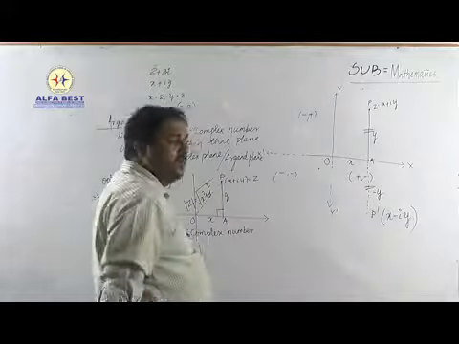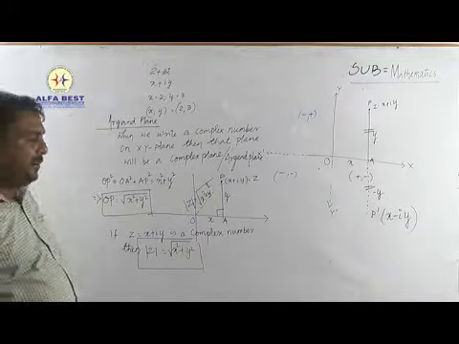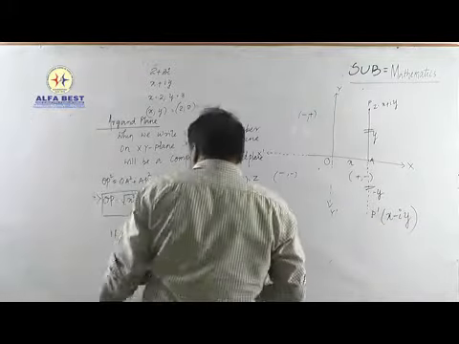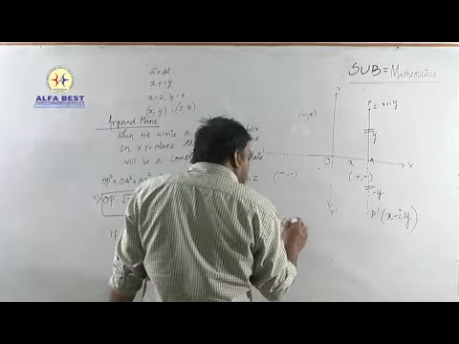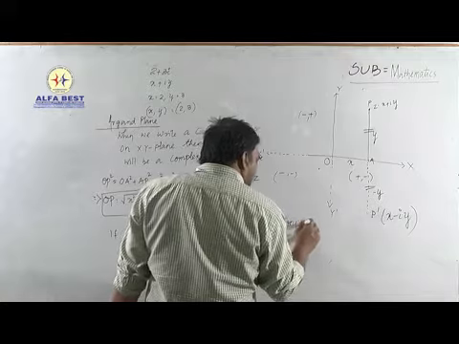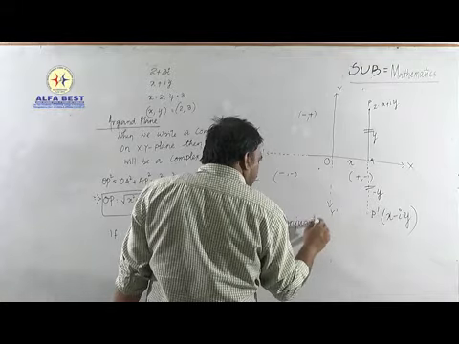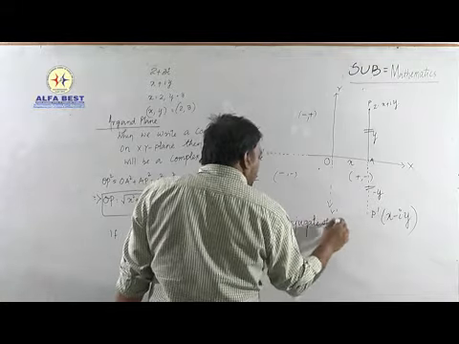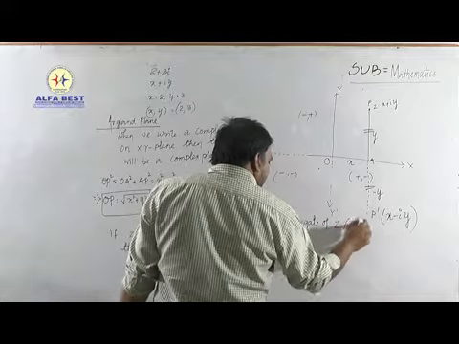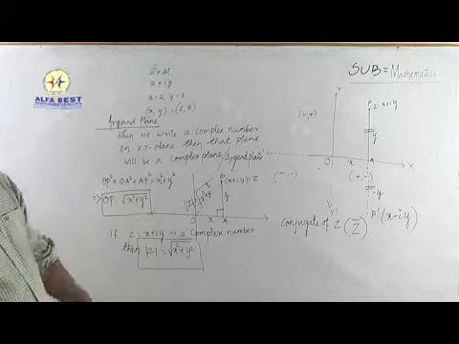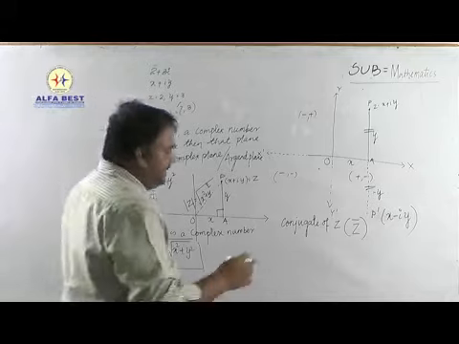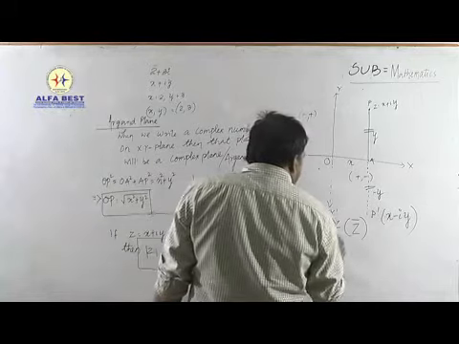So this coordinate will be x minus iy. So this is your modulus of z. Next, your conjugate of z. This is denoted as z bar. Understand that? Conjugate of z, this is denoted as z bar.